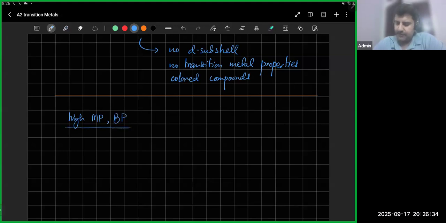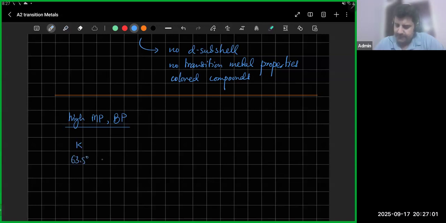Sometimes those melting and boiling points are really, really high. Like the melting point of, let's say, sodium, is probably less than 100. Sodium is not even in the row, so potassium is the closest one. The potassium melting point is 63.5. That's group 1.